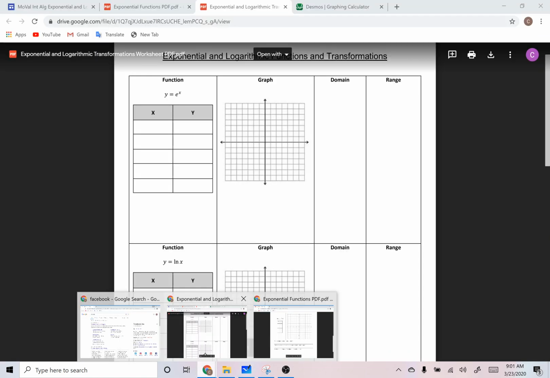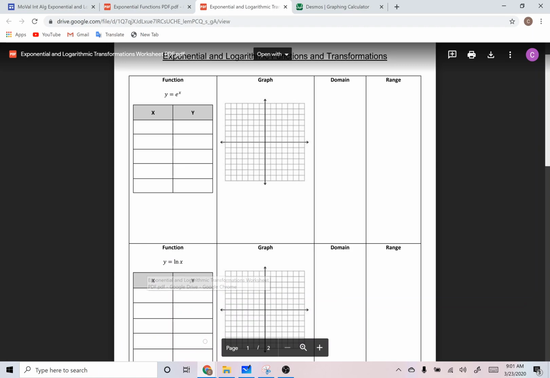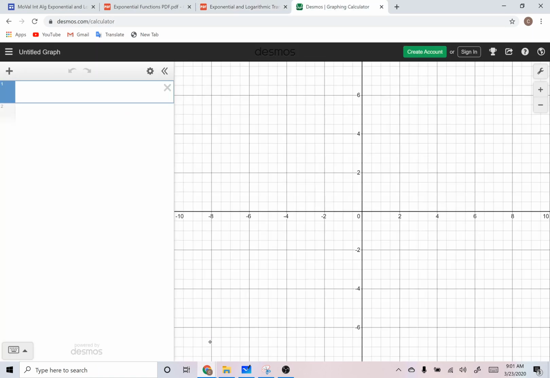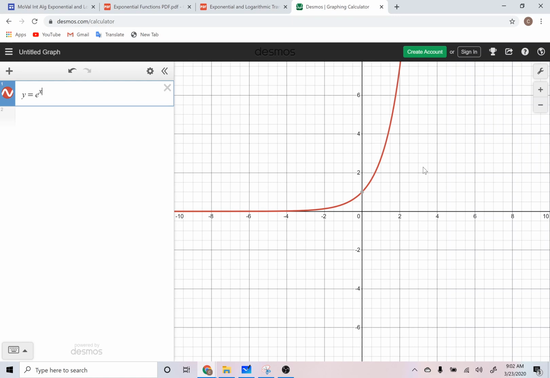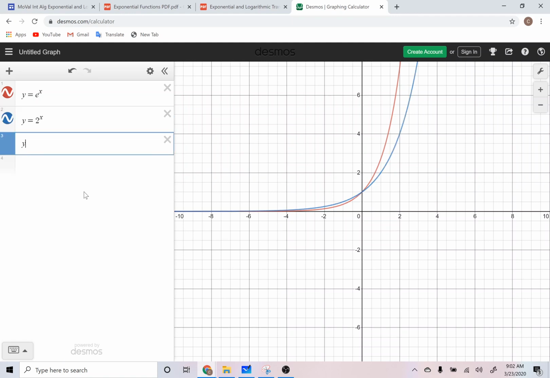It's no different. So this is the worksheet that we'd technically be working on if we were in class, but since we're not, we're just going to use Desmos right now. So what I want you to see, we're going to put y is equal to e to the x. Okay, and then I'm also going to show you y equals 2 to the x, and y is equal to 3 to the x.